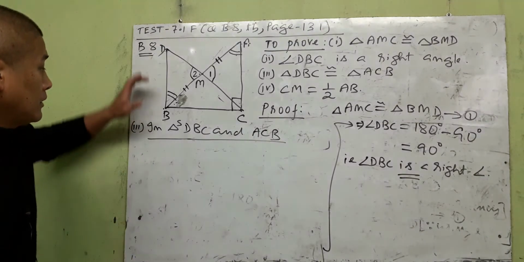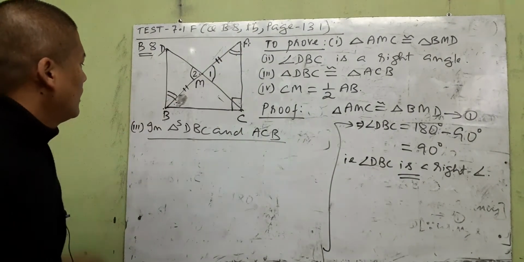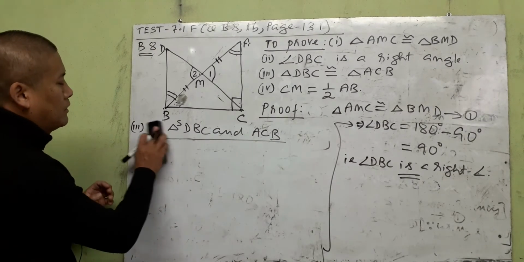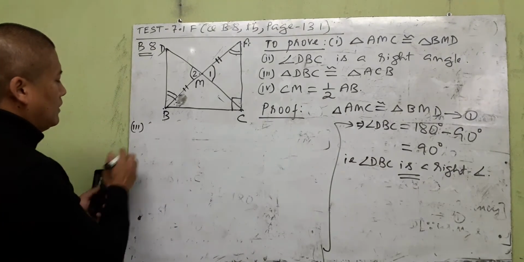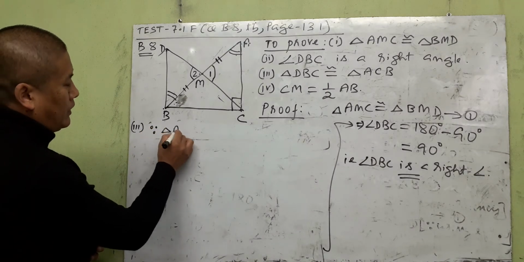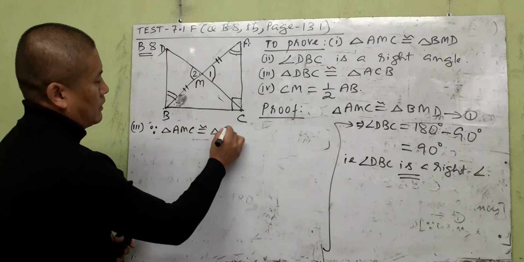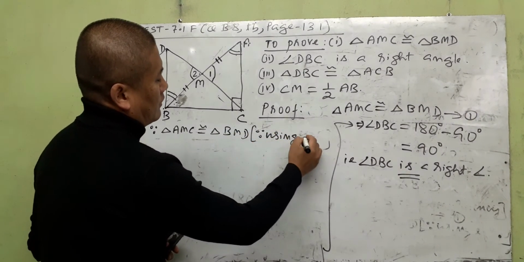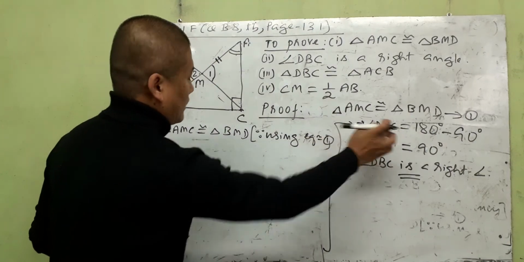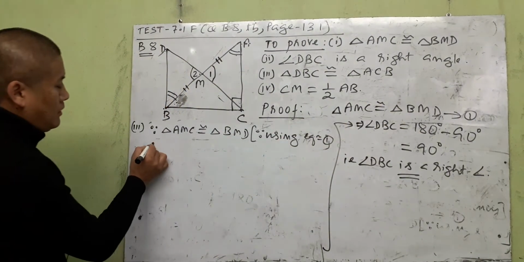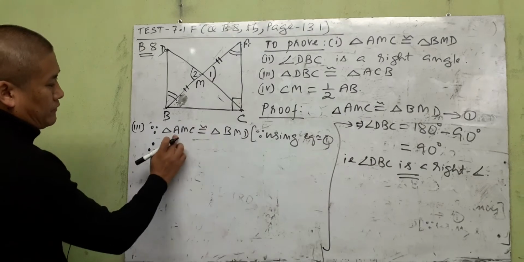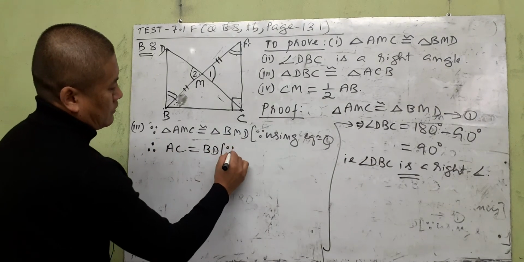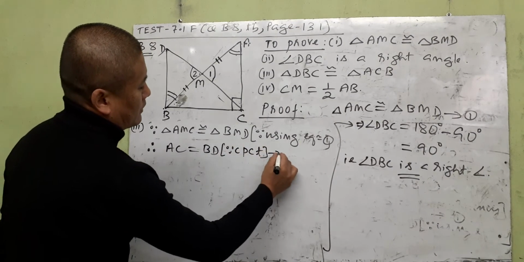Since triangle AMC is congruent to triangle BMD, as already proved in 1, using equation number 1, the first and third letters, AC equals BD, because of CPCT. Let us keep it for later. This is equation number 2.